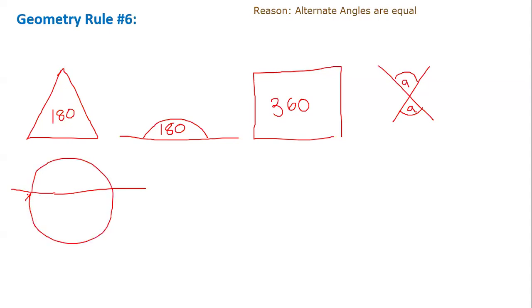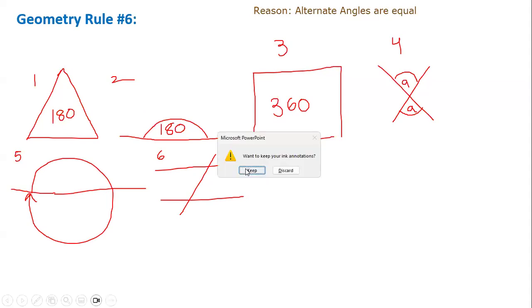And then we did what we just did now, vertically opposite. No, you don't write this down. So this is 1, 2, 3, 4, 5, 6. Okay, so we're on the 7th rule. All right, let's go.